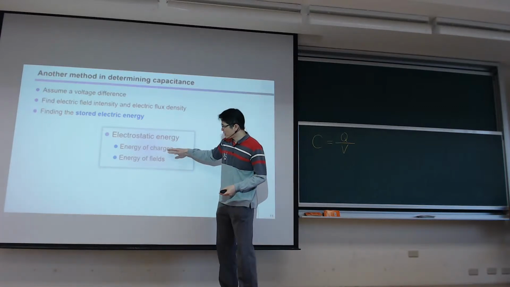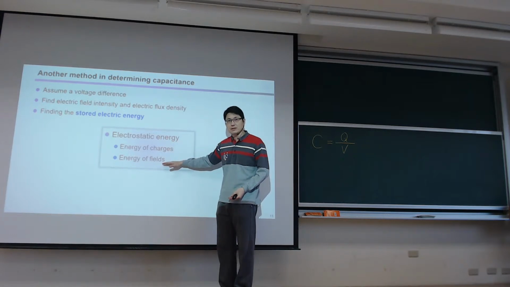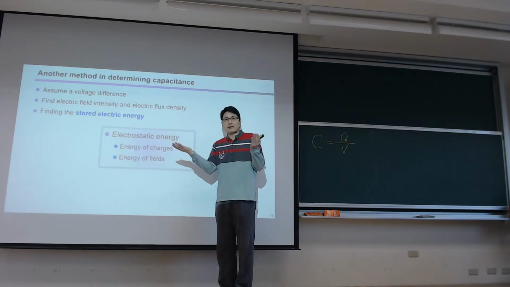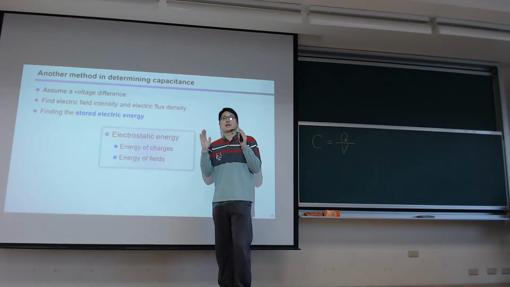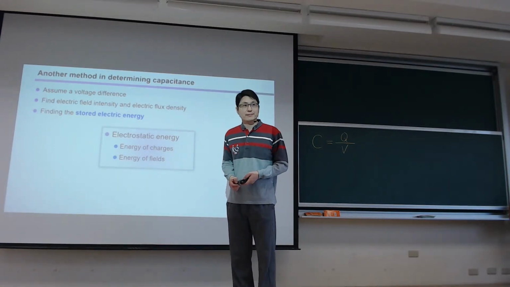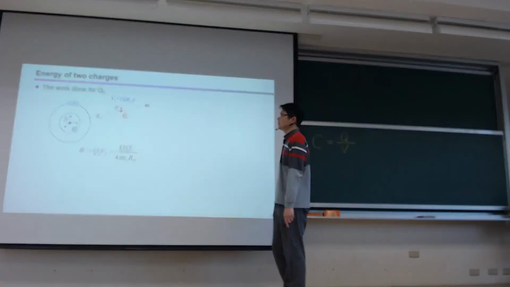So charges can give rise to energy, and also fields where you don't really have the charged particle, but you only have field lines, but that is also containing energy as well. Right, so we're going to talk about two different cases.